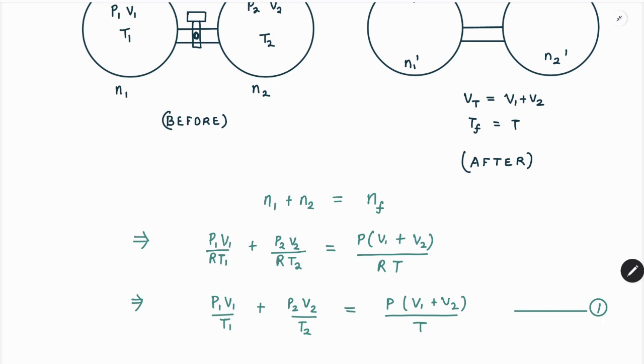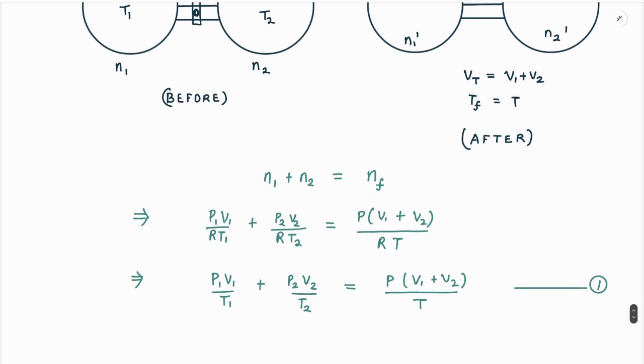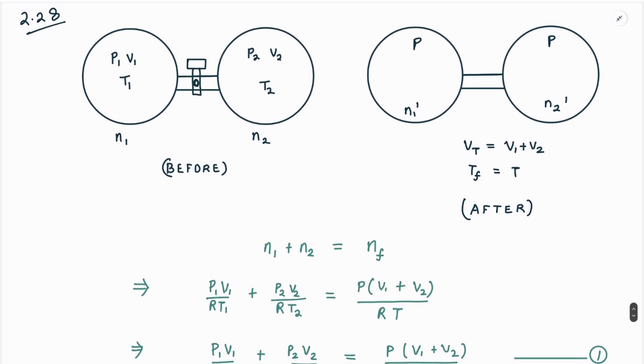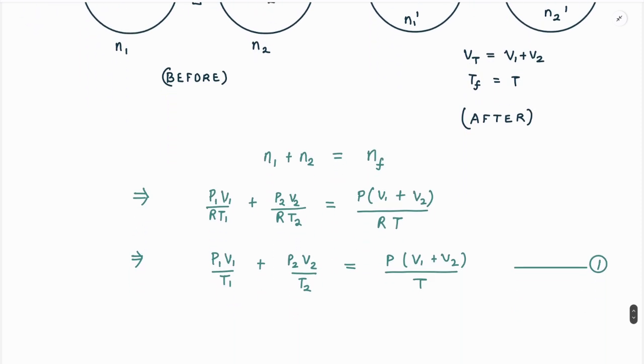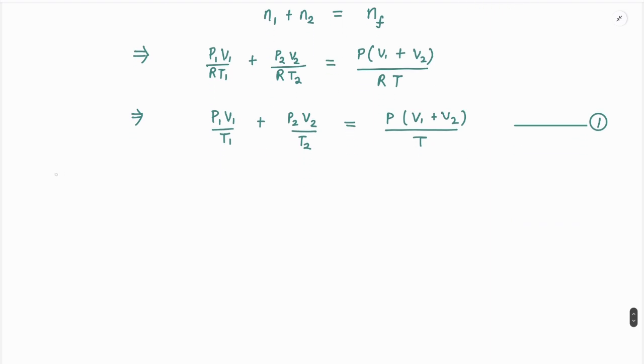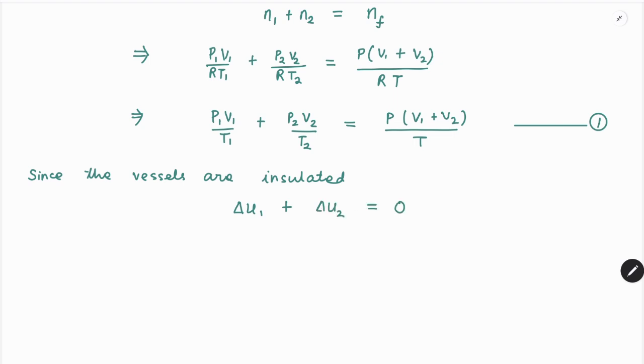Now since the vessels are thermally insulated, as the problem is stating, and the total volume of the container is also remaining fixed, we can say that the total change in internal energy, delta U1 plus delta U2, is going to be 0.